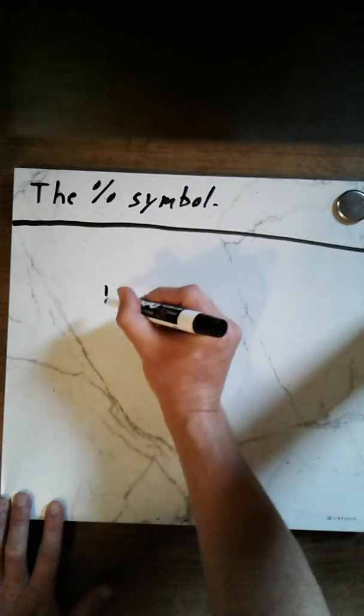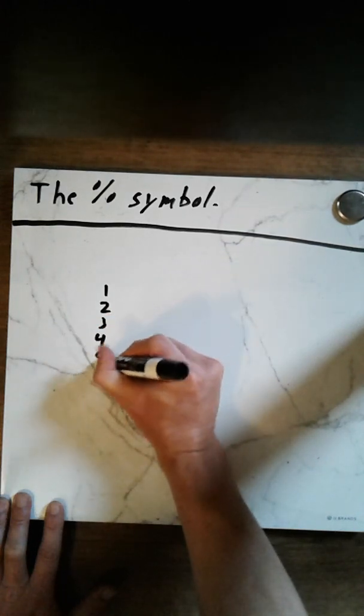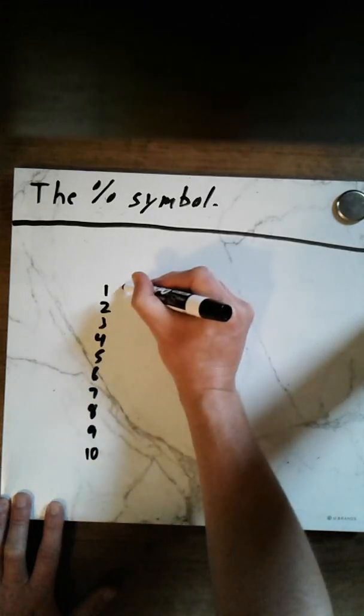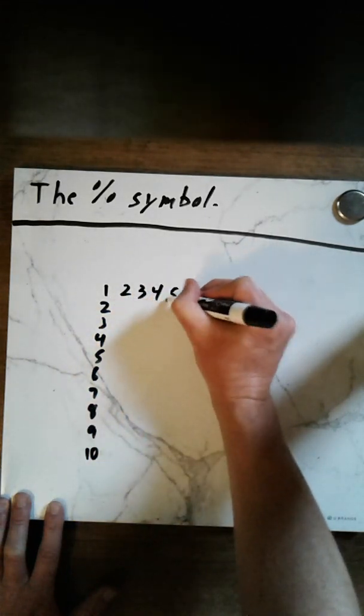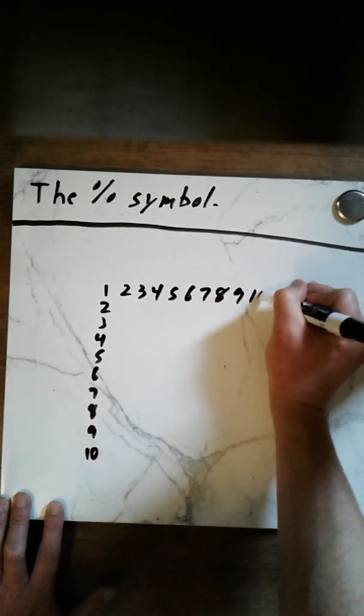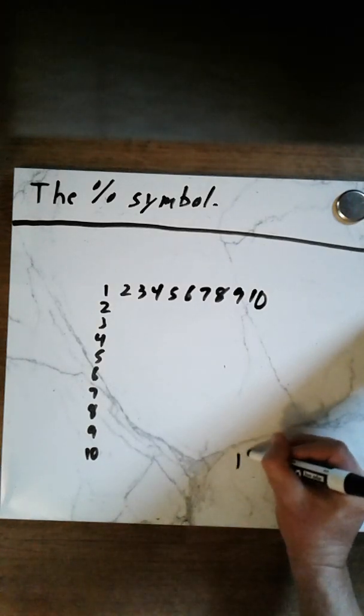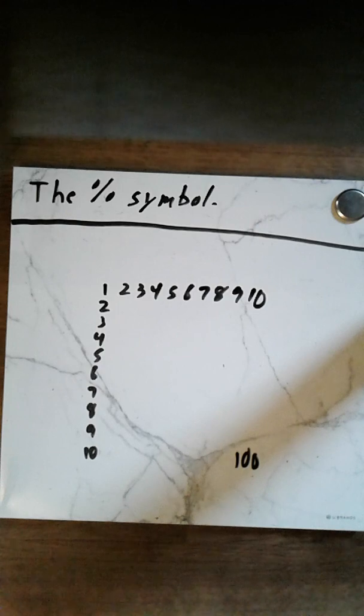When we learn our multiplication tables, usually in first or second grade, a lot of times our teachers take us up through 100, so the first large number that we get through is 100.